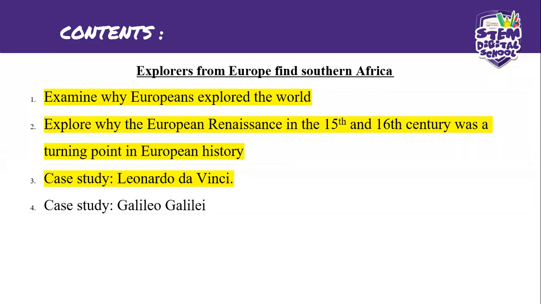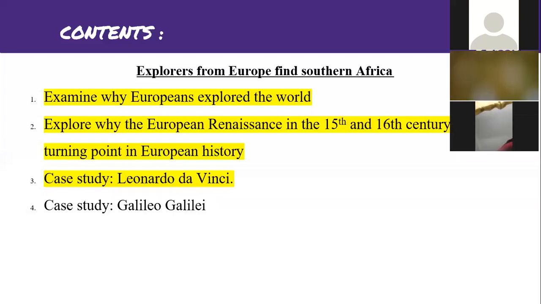Artists also learned new ways of painting, and people were now interested in learning about other places. Philosophers also wrote about their ideas, as we have learned. So this is just a quick revision.